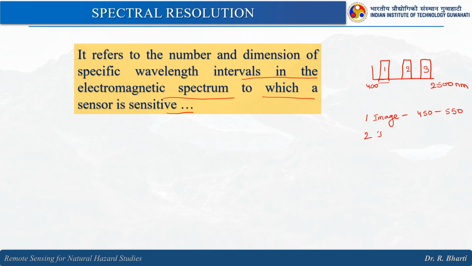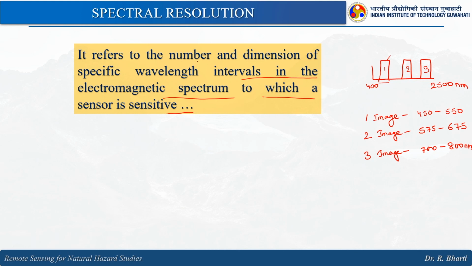Second image 575 to 675. Third image maybe 700 to 800 nanometer, right. So, when we have this, we can explain the beginning and end of these particular images, that is the first thing. Second thing is how many images my sensor is generating.